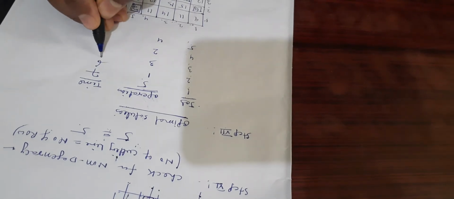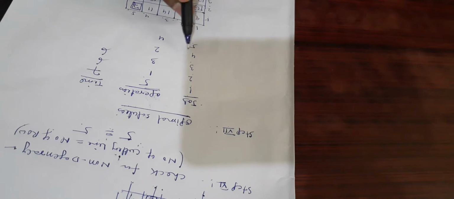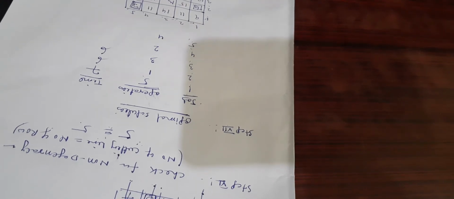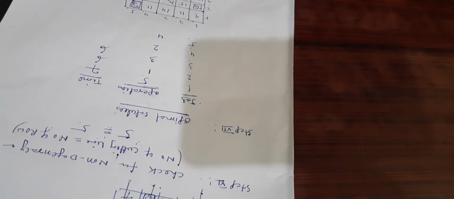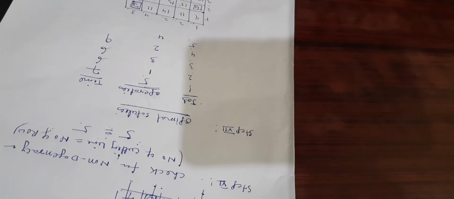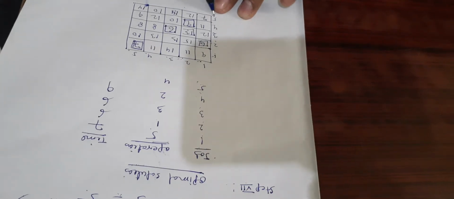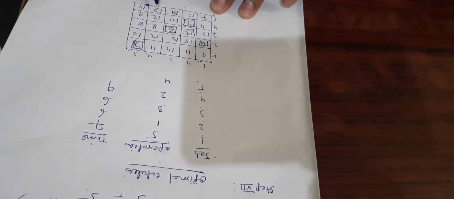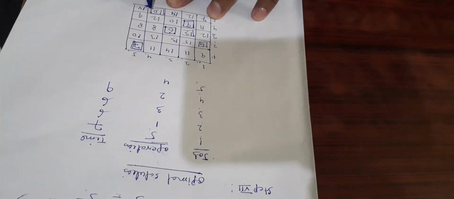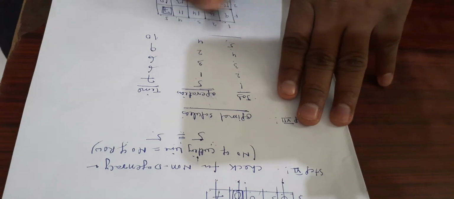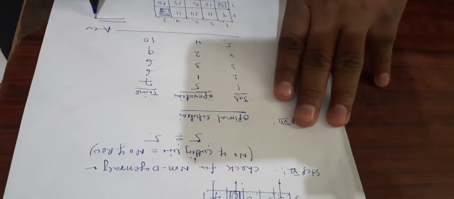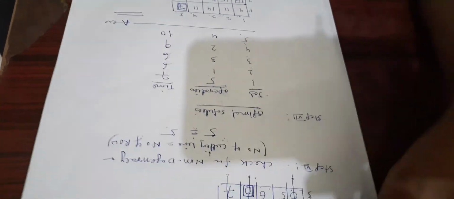Third job, operation 3 is 6 also. Fourth job, operation 2 is 9. And fifth job, operation 4 is 4. So the total is 32. This is the complete answer. Okay, thank you very much.